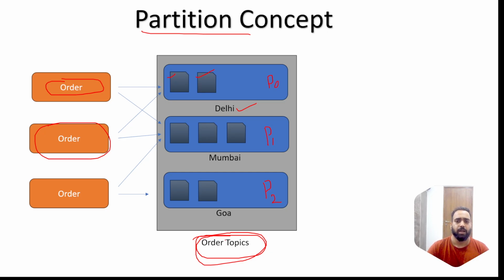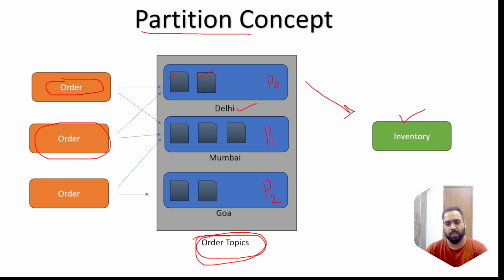So how is this decided? It is decided by the developers who are implementing this concept, where we decide in which partition this microservice will produce the record. Taking into consideration that these events have been generated in different partitions, suppose this inventory microservice is consuming from these partitions.